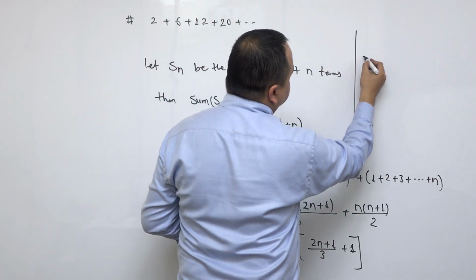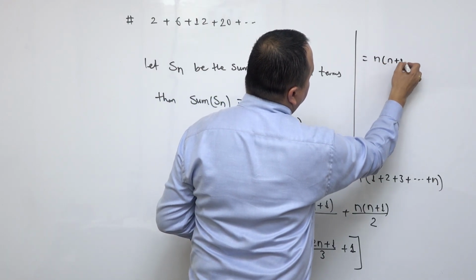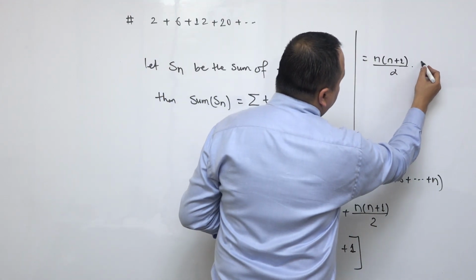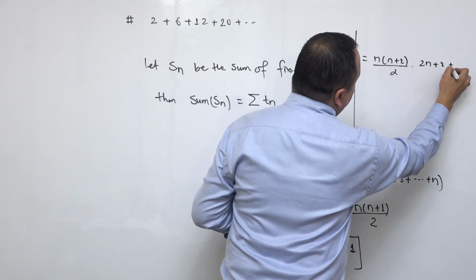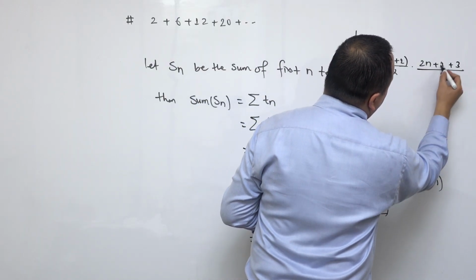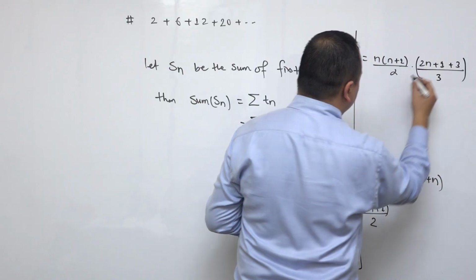This is (n plus 1) divided by 2, times (2n plus 1 plus 3 into 1) divided by 3.